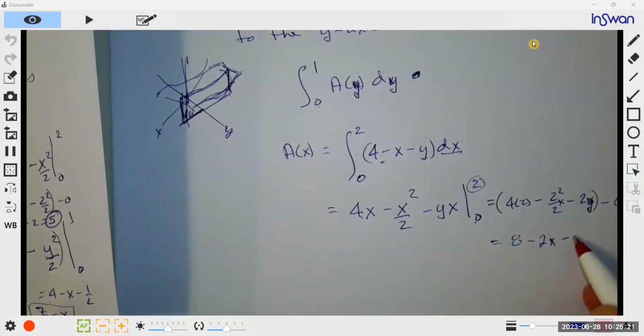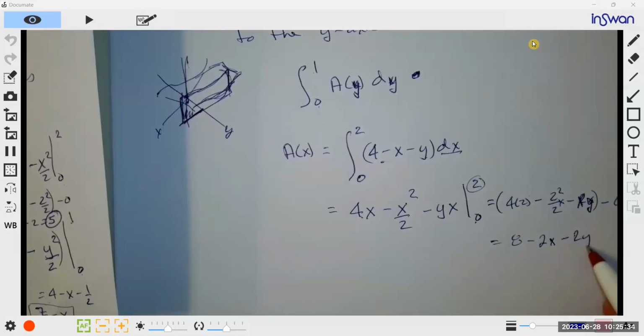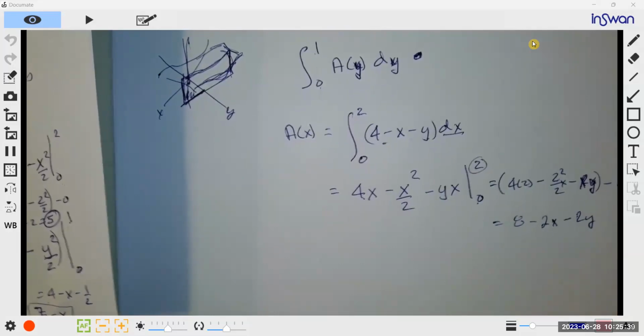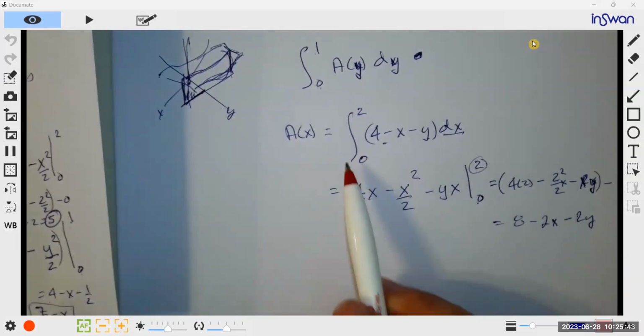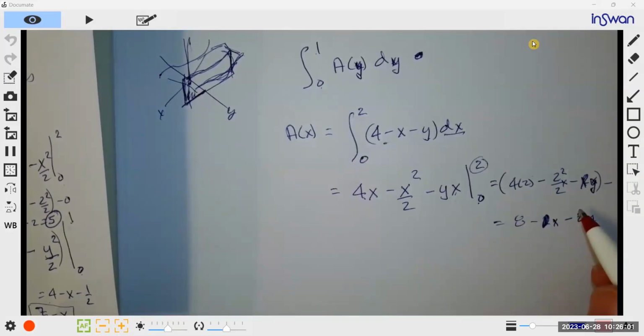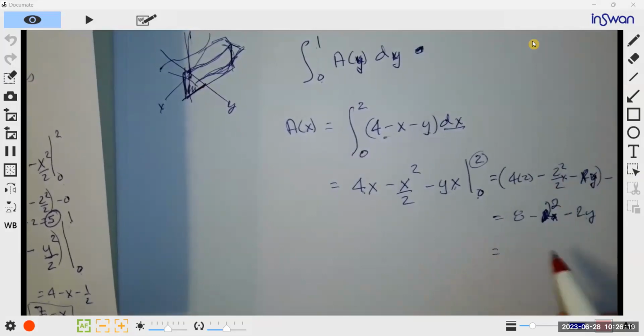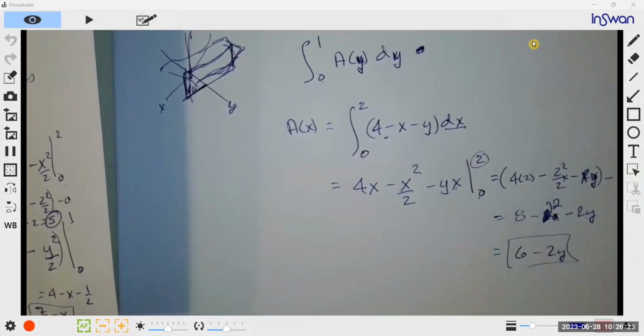We're taking it with respect to x, so that just becomes 2y. So this is now a function of y.